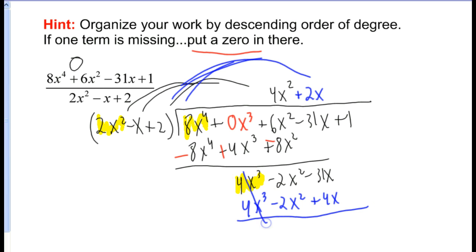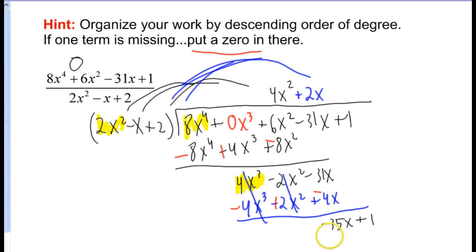And what's nice is this goes away. This goes away when you subtract. I guess I should put that. Subtract, subtract, subtract. And so then we have negative 31x minus 4x is negative 35x. Don't forget to bring down the plus 1.